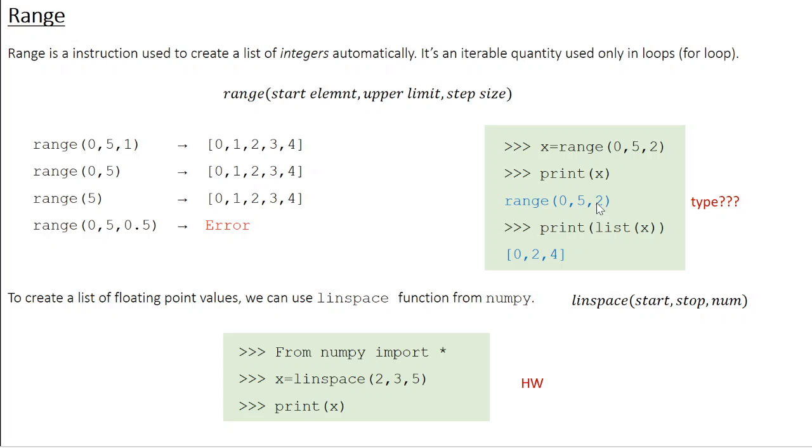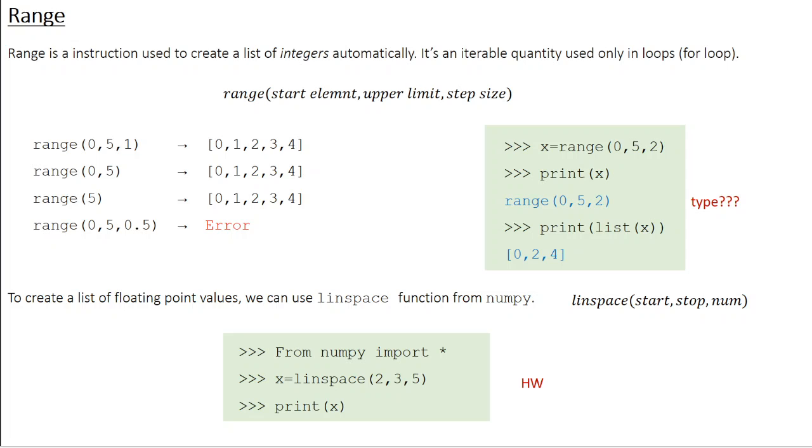Python understands that range is supposed to create a list only when you use range inside a for loop. When you use range outside the for loop, Python doesn't understand that it is supposed to create a list.